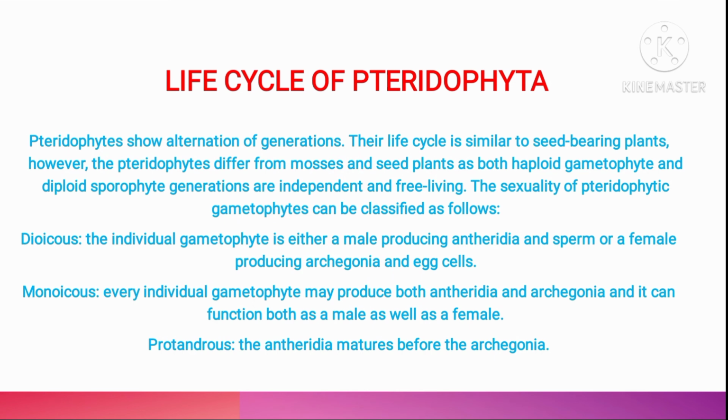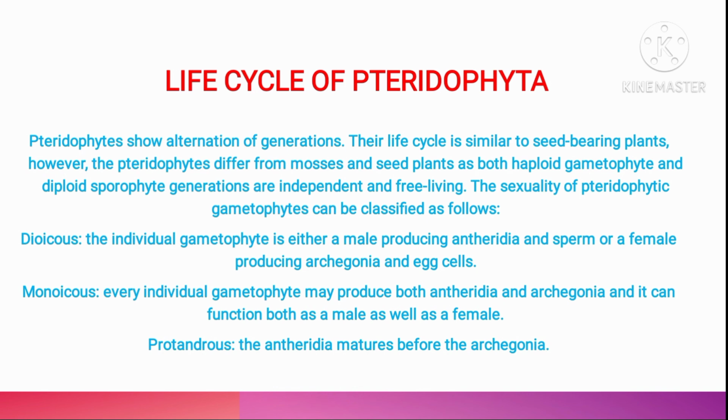Life cycle of Pteridophyta. Pteridophytes show alternation of generations. The life cycle is similar to seed-bearing plants. However, pteridophytes differ from mosses and seed plants as both the haploid gametophyte and diploid sporophyte generations are independent and free-living.